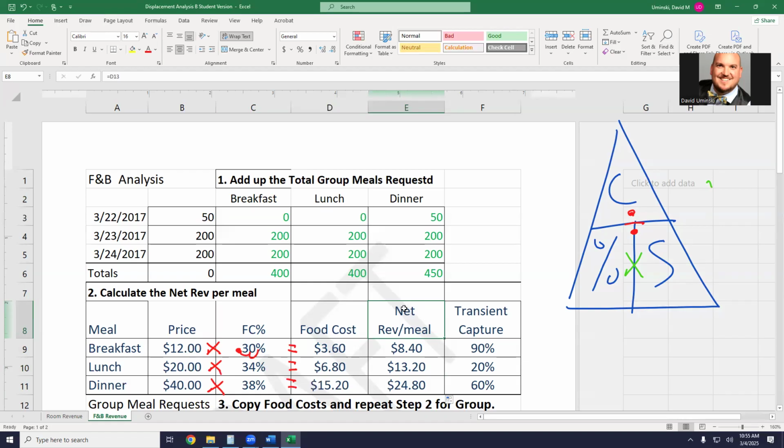We took the room rate minus all the costs. Net revenue is just the selling price minus the cost. And in this case, we're talking about per meals. So that's how we get that net revenue per meal. Okay? Questions, comments, concerns?